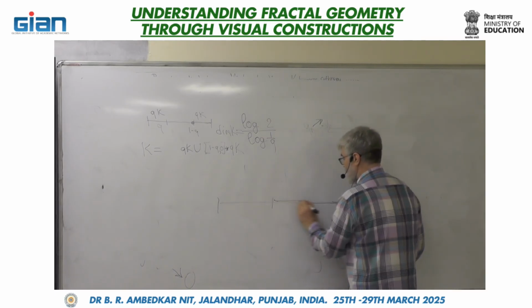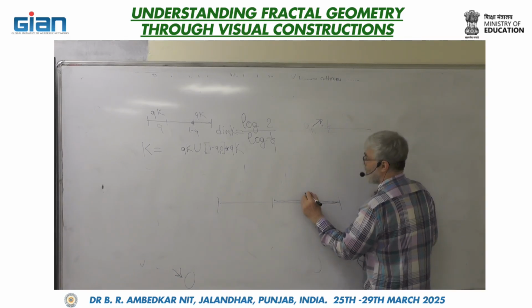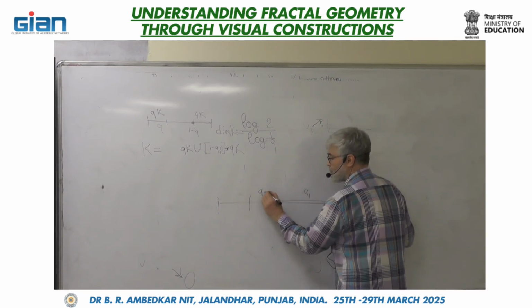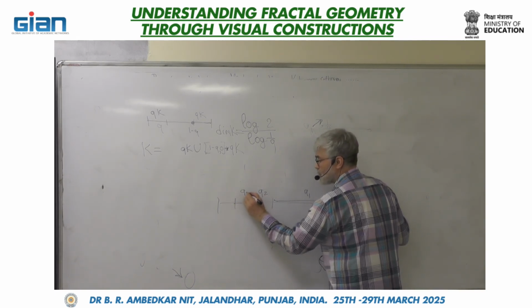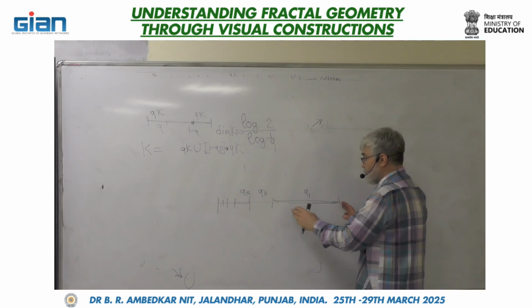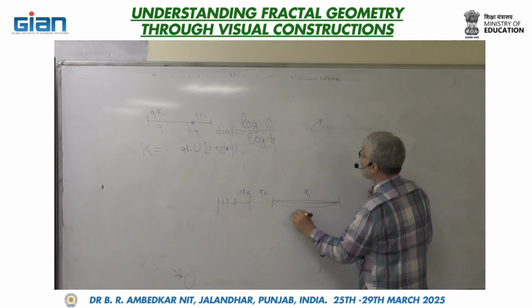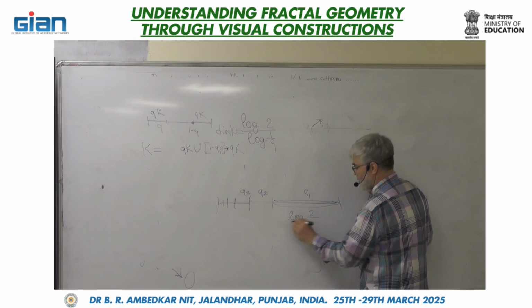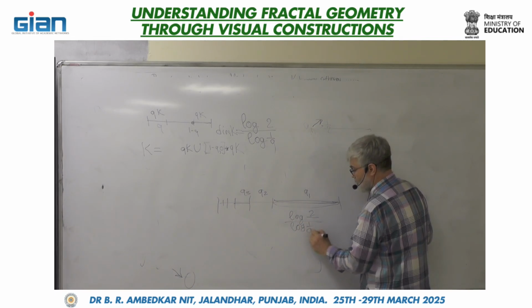First, we have a Cantor set with coefficient q1, then we take a Cantor set with coefficient q2, then with coefficient q3, etc. The dimension of the first set will be logarithm 2 divided by logarithm 1 divided by q1.